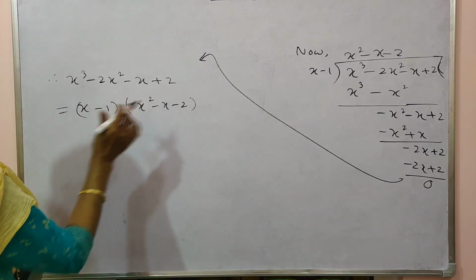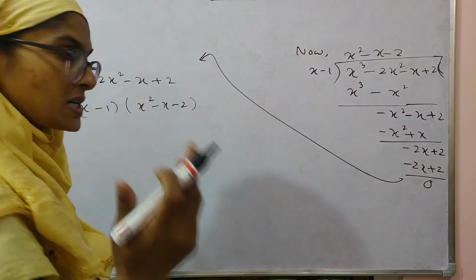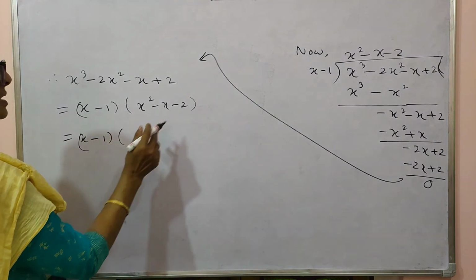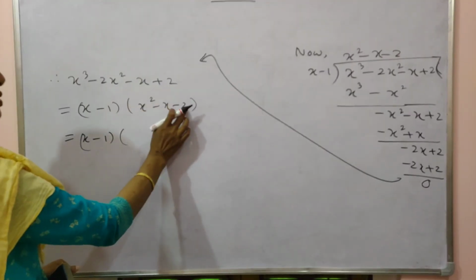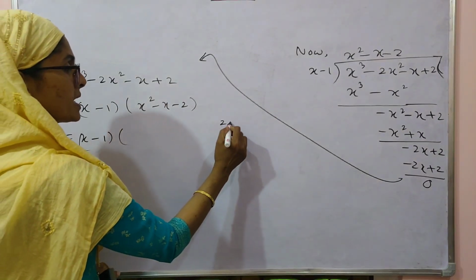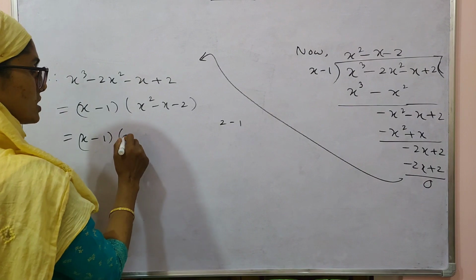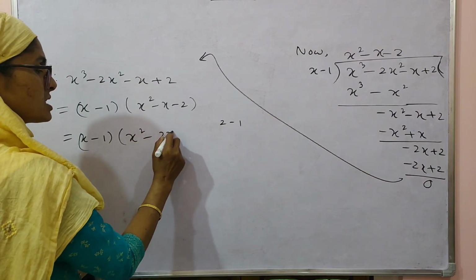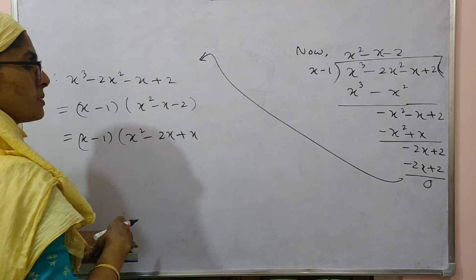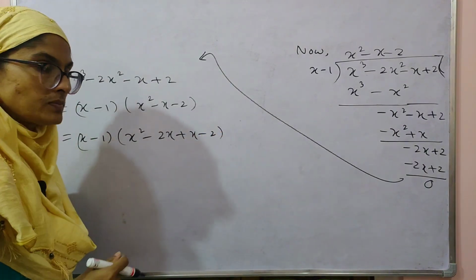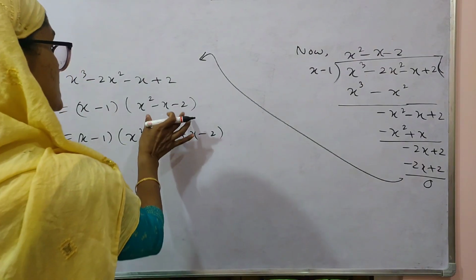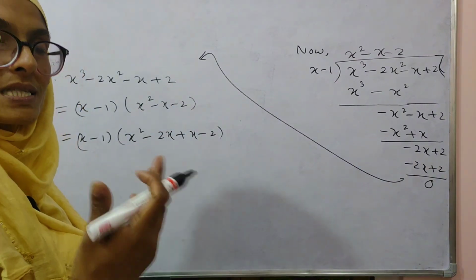Now factorize this again. This is a quadratic polynomial, so split the middle term. Here 1 into 2 you will get 2, and here minus, so 2 minus 1 you will get 1. So you can write x square minus 2x plus x minus 2. In question number 4, I have already discussed how to factorize a quadratic polynomial by splitting the middle term.